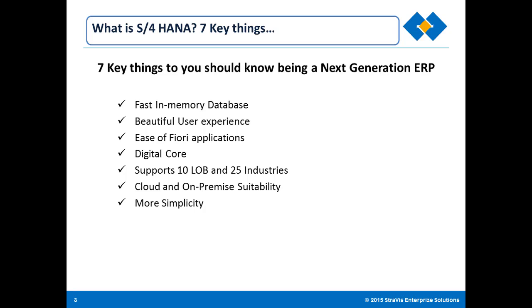And nevertheless, it's more simplicity because of the aggregation of various tables within the database. So these are the 7 key things one should keep in mind as far as HANA is concerned.